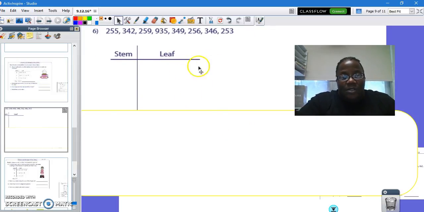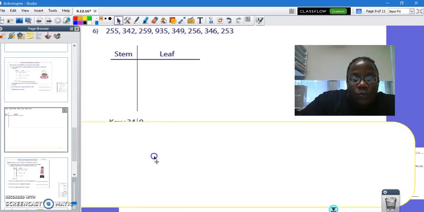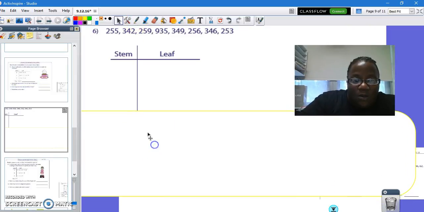Okay, so with number 6, first thing I'm going to do is put these numbers in order. Actually I'm going to make this longer because I never seem to have enough room. I'll just make it with black. So my stem, my leaf, there. Pretend that line is straight.